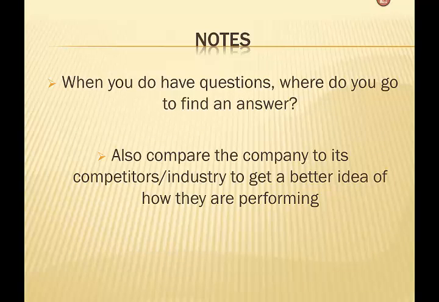Now, doing ratio analysis will oftentimes raise more questions than answers. For example, when I have taught this in classes at a university, we will often take an industry and several different groups of people will work on different companies within that industry. And the one thing that I tell them is, as we start doing this, we may find that there's something that we need to know more about.